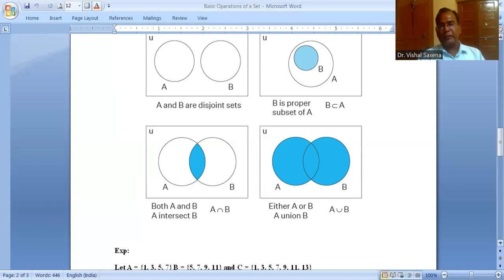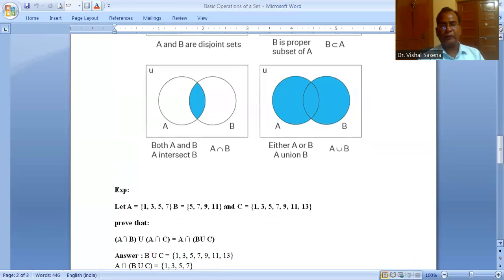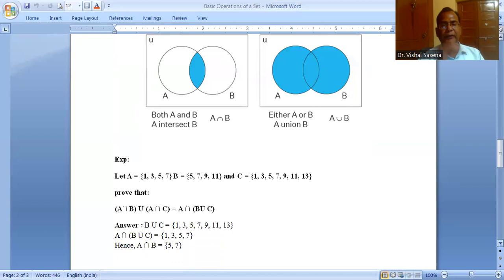So A union B is shown here with the blue region, and it is a set of all those x where x lies in the set A or in the set B. It is a collection of all those elements of set A and set B. So next we are going to take some examples to explain these topics clearly.